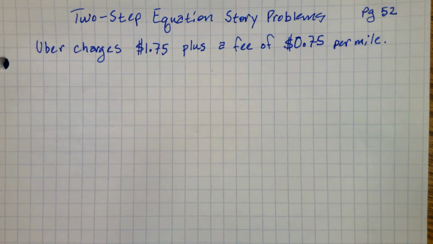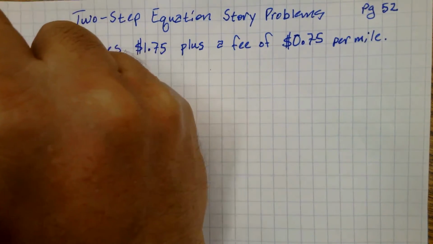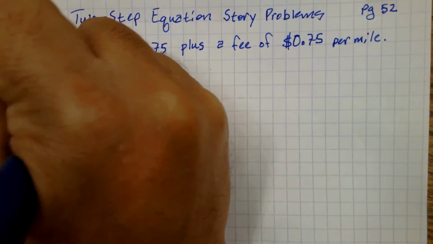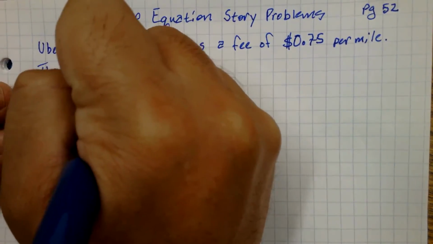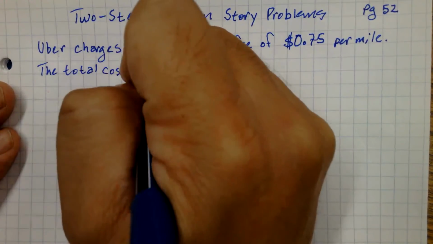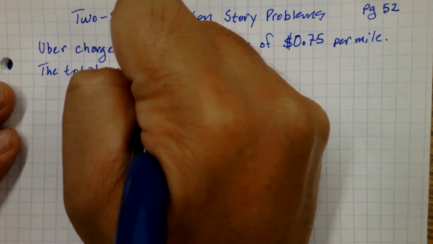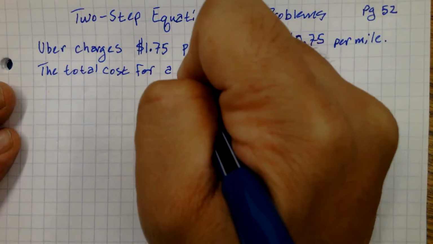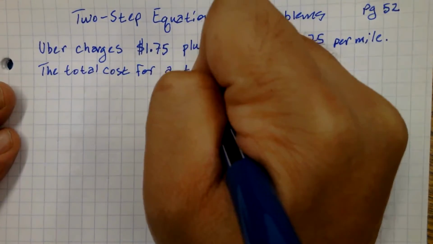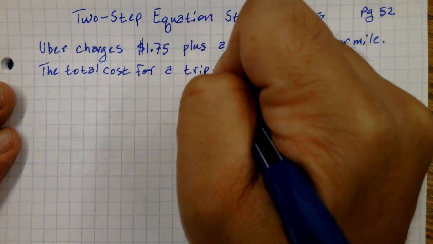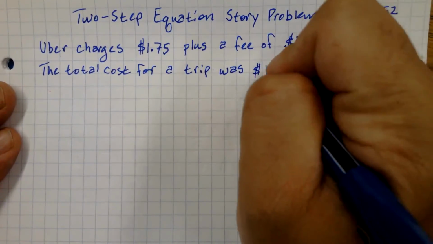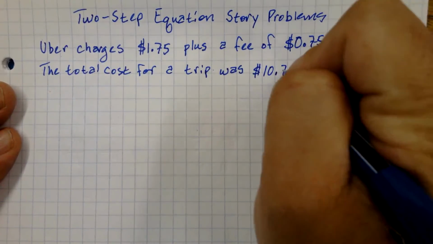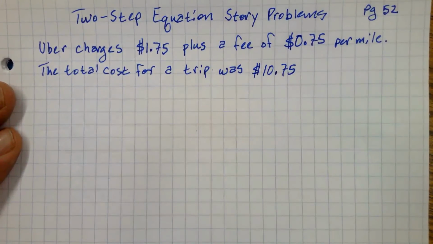Let's say the total cost for a trip was $10.75.